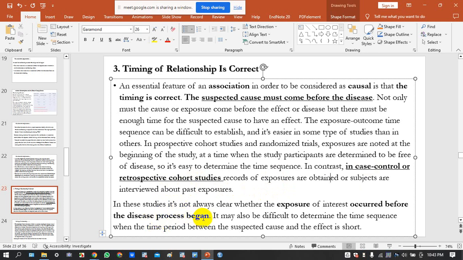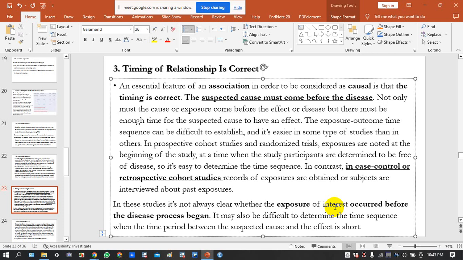So in these studies, it's not always clear whether the exposure of interest occurred before the disease process began. In the case control study, we don't know whether the disease began before the risk factor, because the disease has already been established and we are just looking back at the risk factors that are associated with the disease, but not the risk factors that cause the disease.